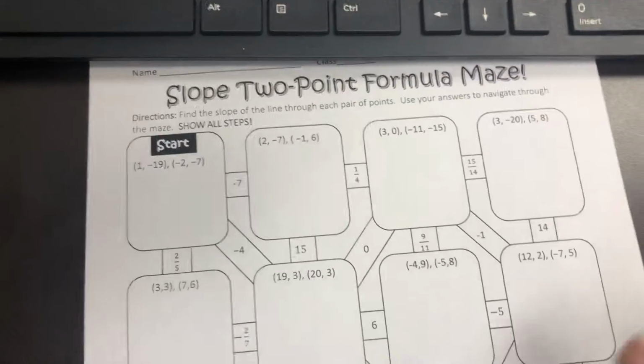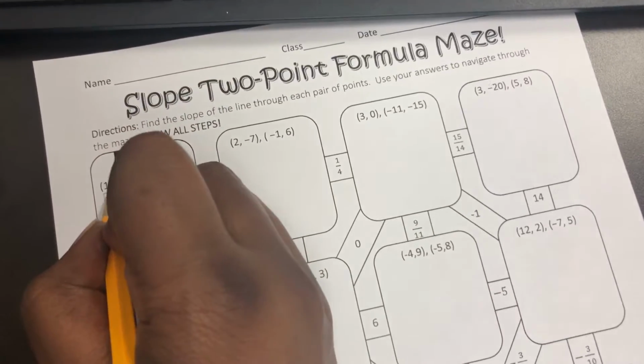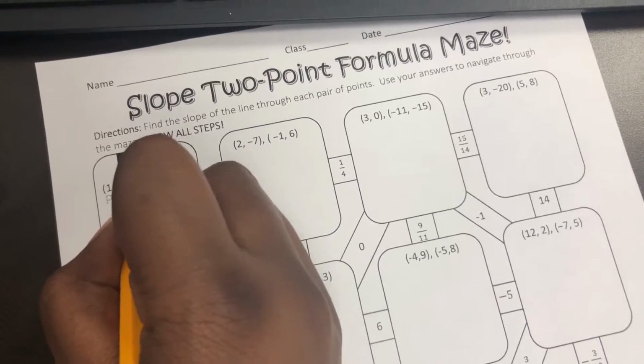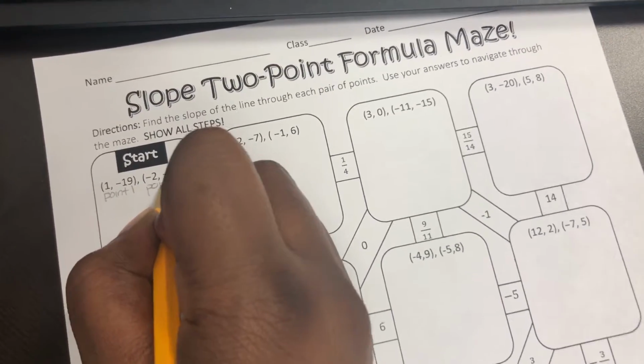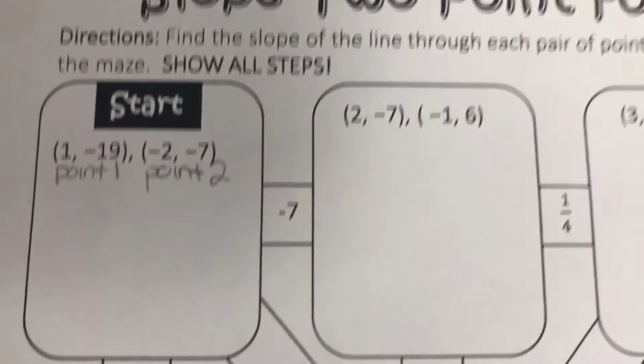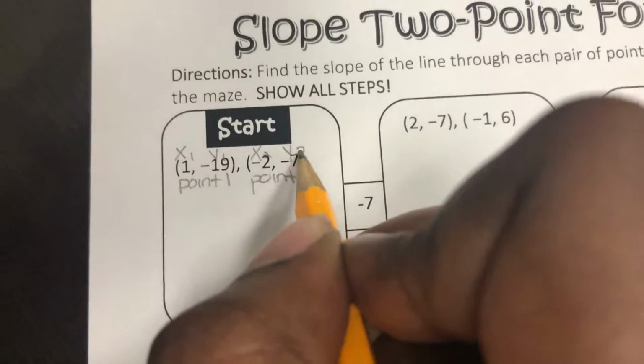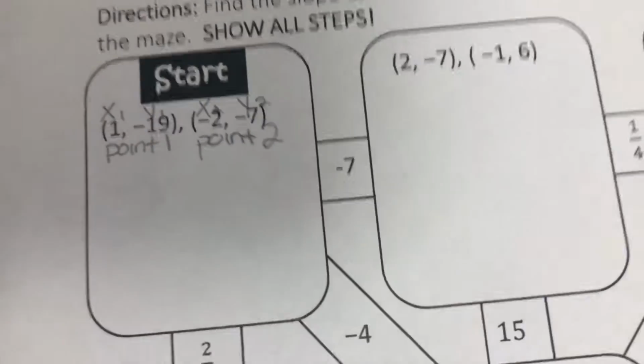All right, but first thing I want to make sure you always do right here, always make sure you label point 1 and point 2. I want to see that on every one. And then I also want to make sure that I see x1, y1 and x2, y2. I need to see that on every one to get credit.